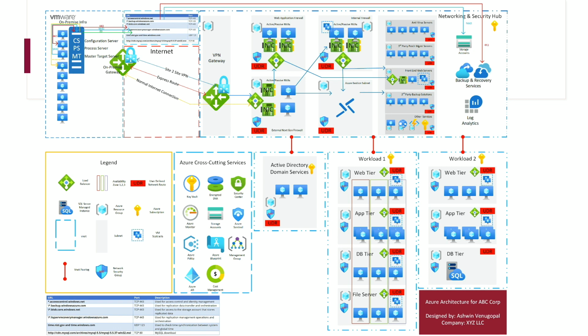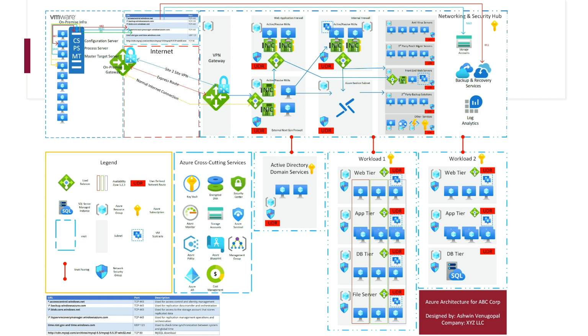If you see on the right, it's the on-prem infrastructure that's running on VMware, and whatever you see on the rest is Azure. You do not have to spend a lot of time explaining this diagram here because you're going to have slides up front which will explain each component in detail.